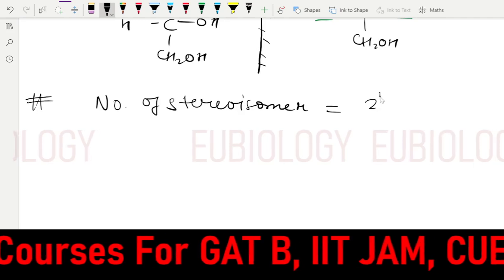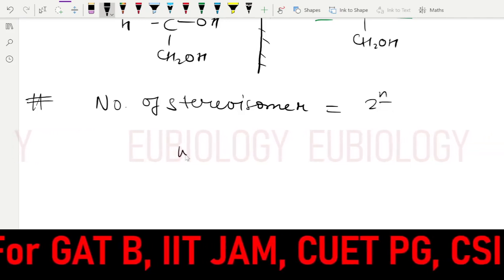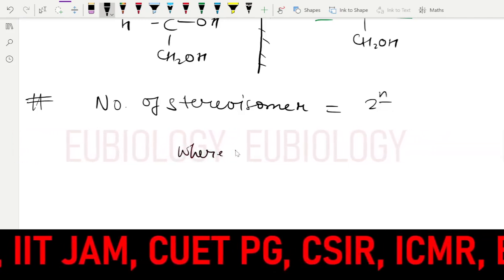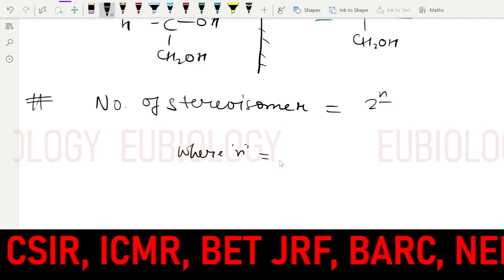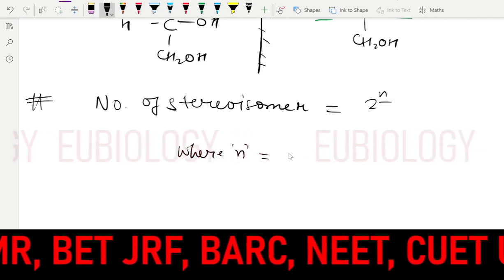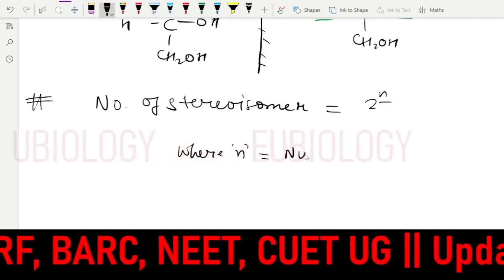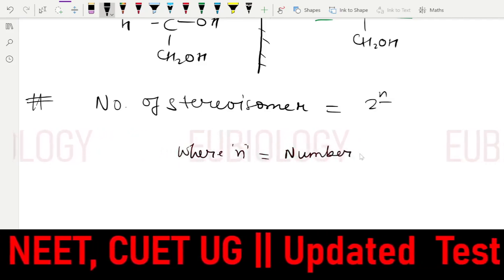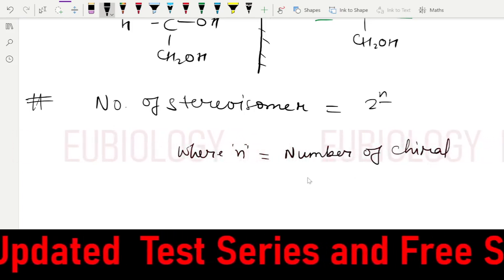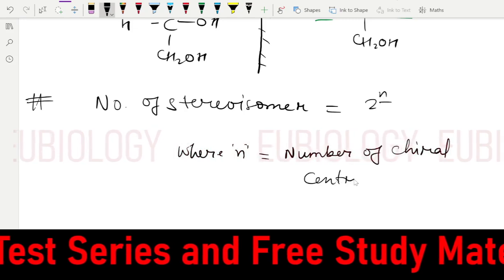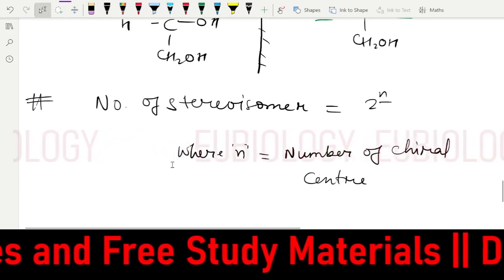It is around 2 power n, where n is the number of chiral centers, or you can say chiral carbons.